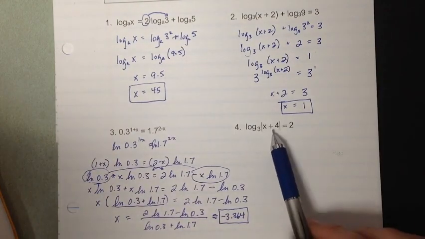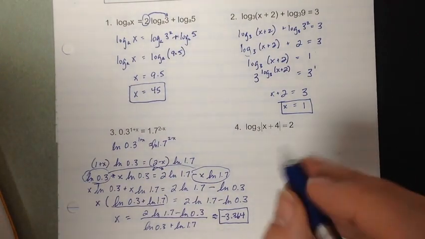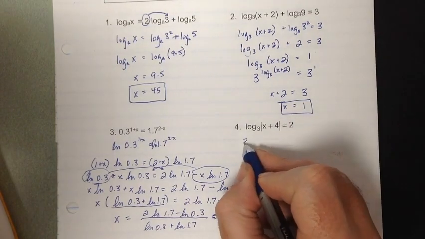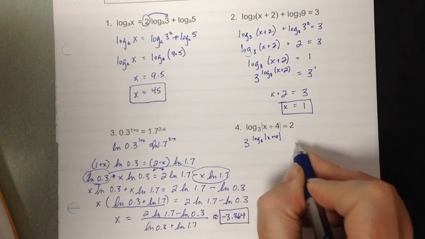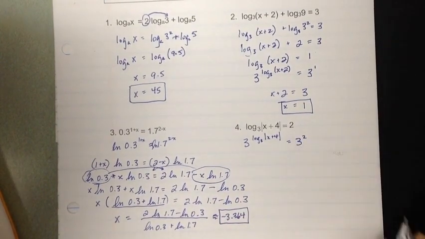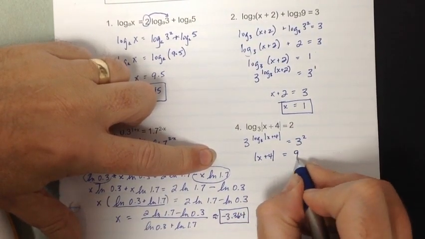Log base 3 of |x plus 4| is equal to 2. Okay. I'm going to exponentiate this. I'm going to say 3 to the log base 3 of the absolute value of x plus 4 equals 3 squared. So the absolute value of x plus 4 is equal to 9.